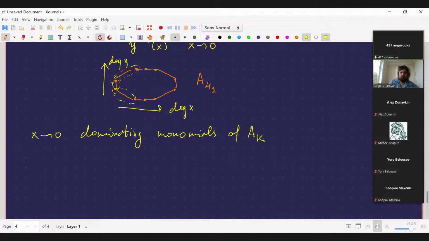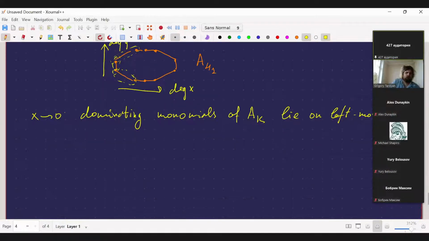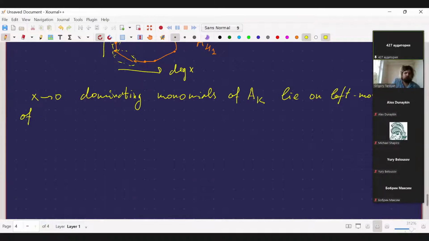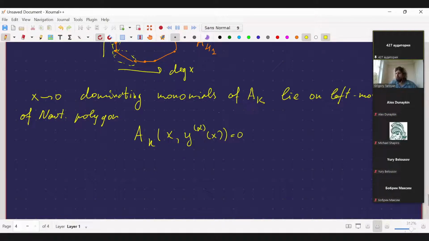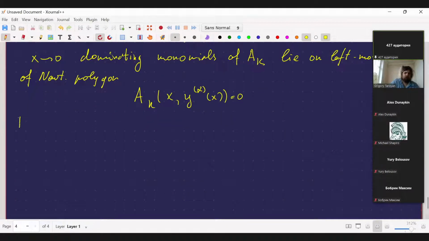And so the equation A_K(x, y_alpha(x)) = 0 implies that for x tending to 0, we have the following asymptotic behavior of this branch.